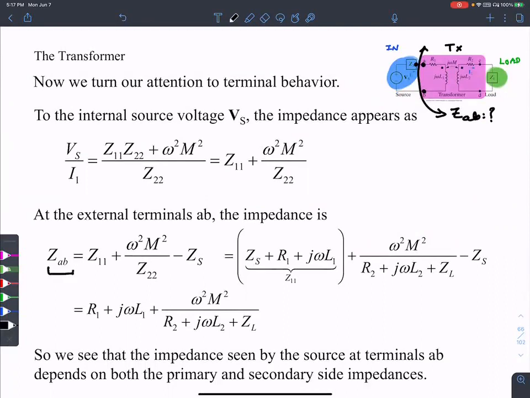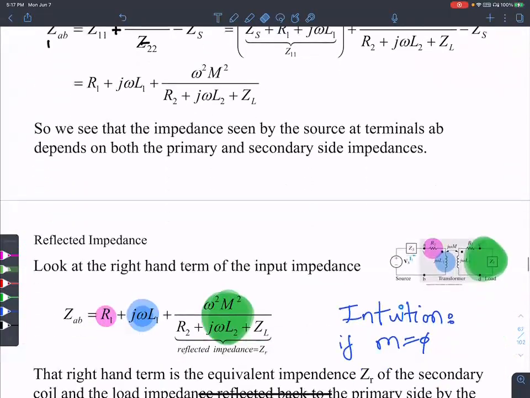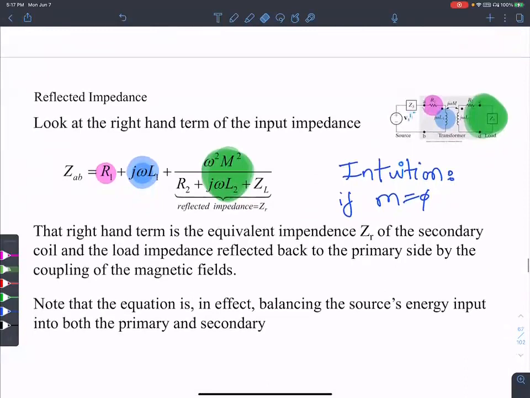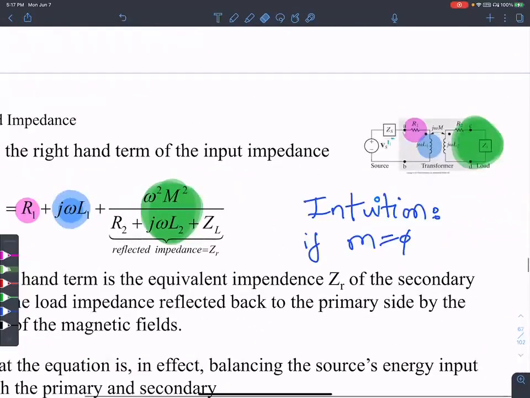ZAB is Z11 minus ZS plus omega squared M squared by Z22. Let's not get crazy about these calculations. I will simply show you the result, or the intuition, that we are interested in.